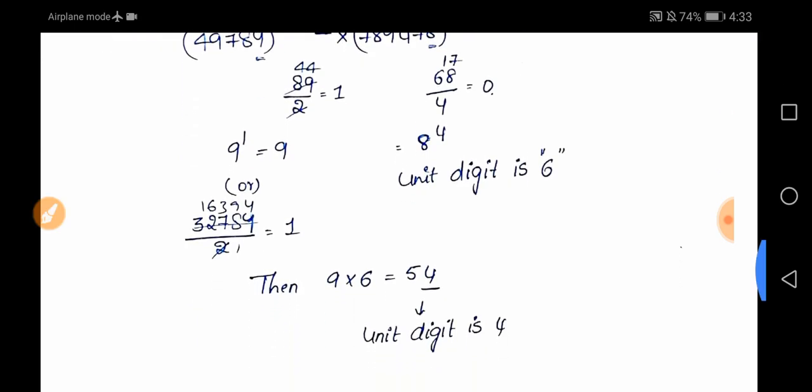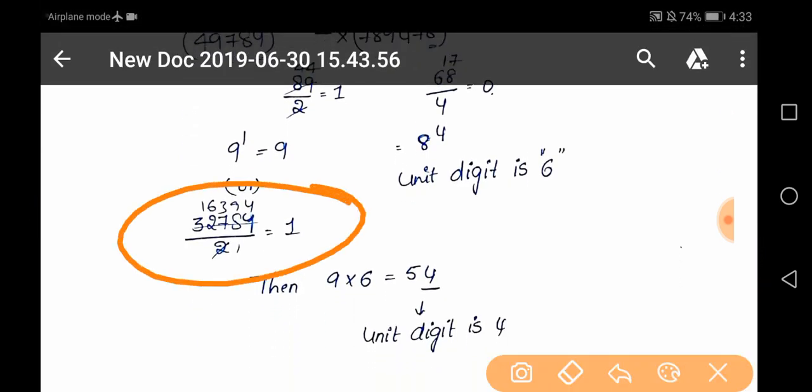Taking the total number divided by 2, what you got? That is 1, right? So when you get that, you can take the last 2 digits, then it will be applicable. So the time will be saved. Aptitude is nothing but managing the time, right? So when you manage the time, then you can solve more number of problems. So this is how we can solve it.